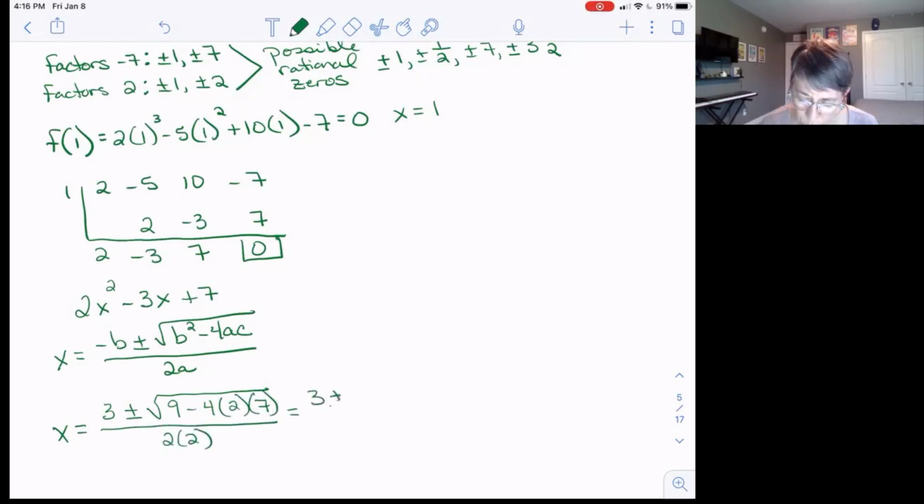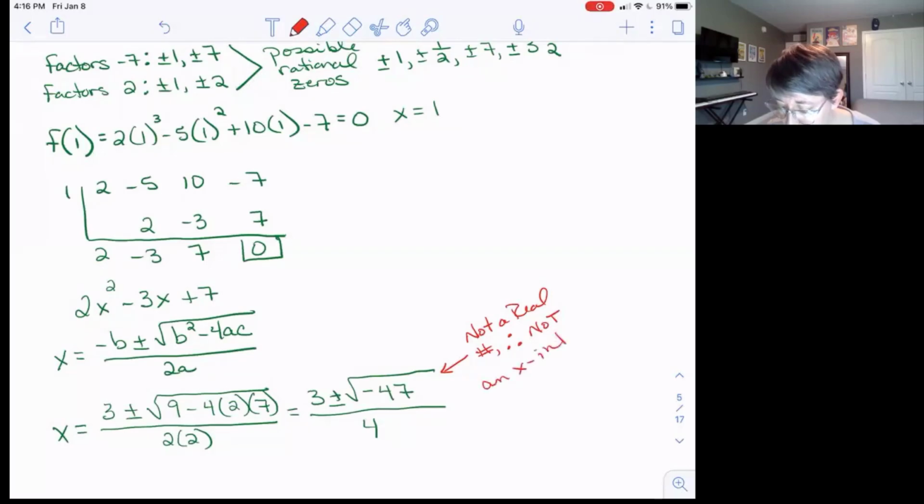Well, if we reduce inside that square root, we would end up with 3 plus or minus the square root of -47, divided by 4. This is not a real number. Therefore, those little 3 dots, not an x-intercept or 0. So we did all that work to find out that there's only one x-intercept, and that is x equals 1.